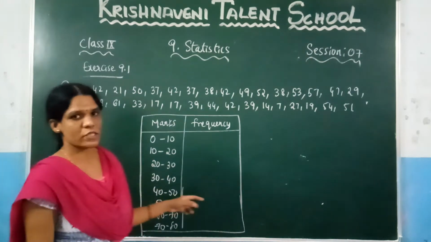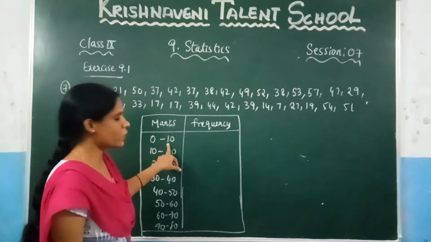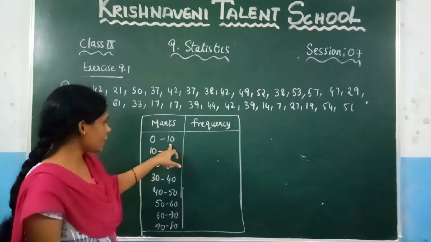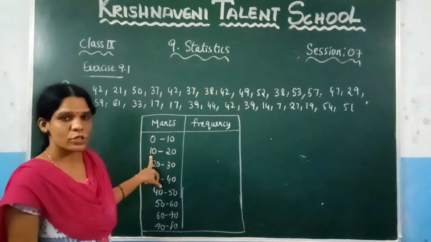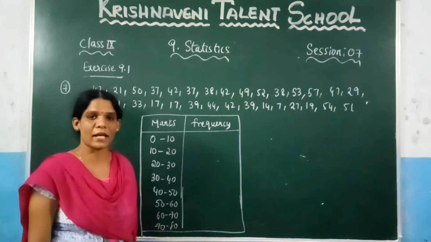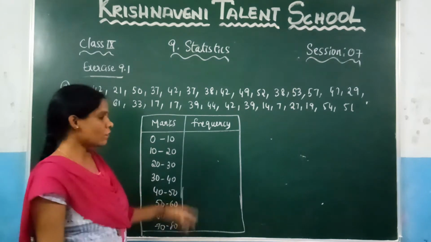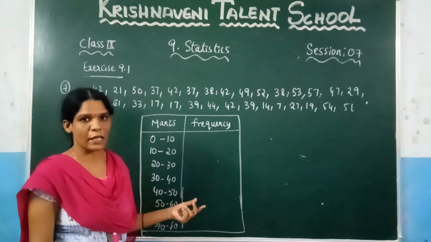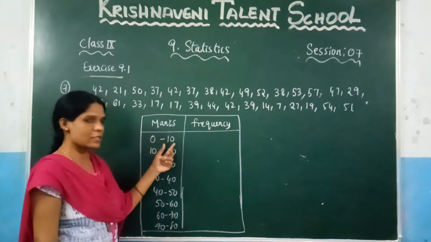Now, you need to check here in between 0 to 10 marks how many students got. Here you can observe that 10 is there, here 10 is there. So, what type of classes do we call these? These classes we call exclusive classes, because here we need to exclude this value. Suppose if any person got 10 marks, you should not write in this class interval.